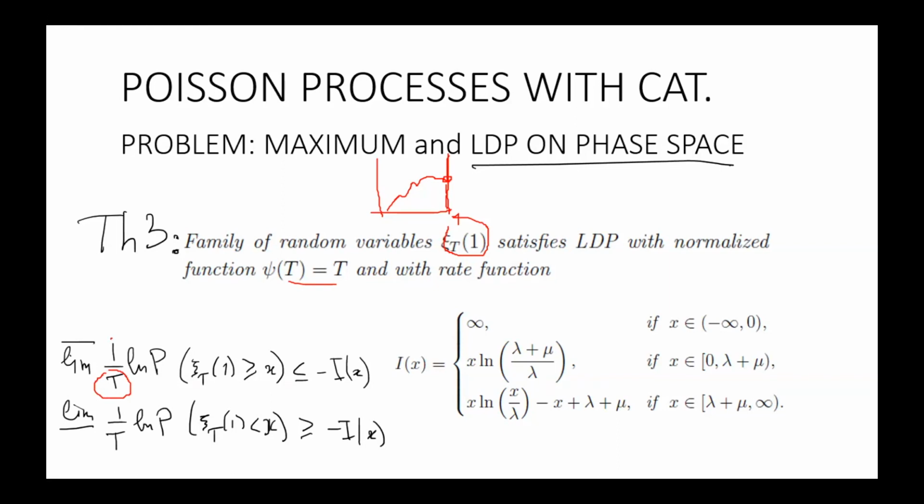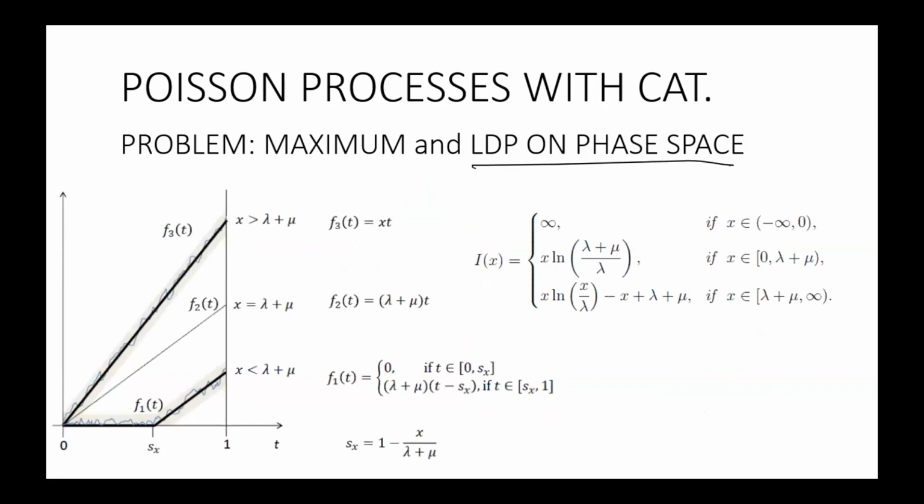commonly we try to find upper and lower bounds, and it's very technical. But I want to comment on the proof. Our approach is based on analyzing the probability of trajectories that bring the process to this state.